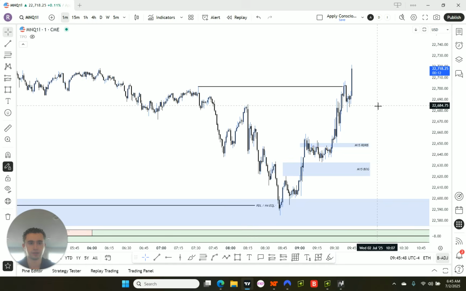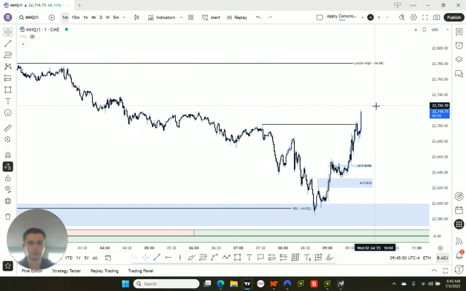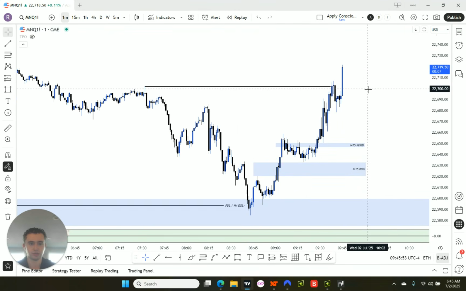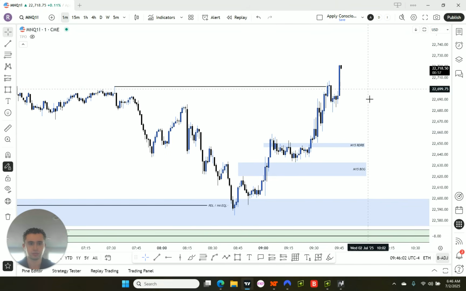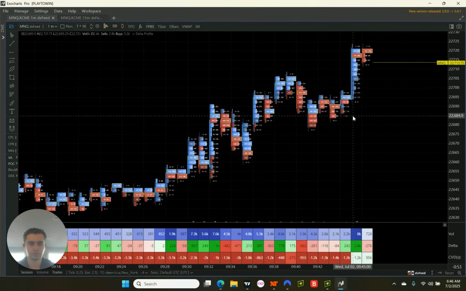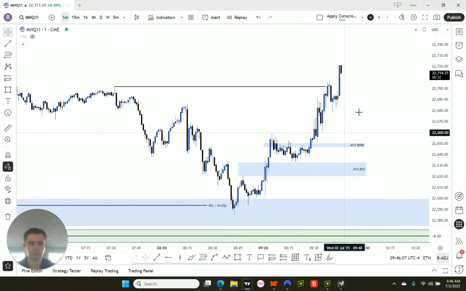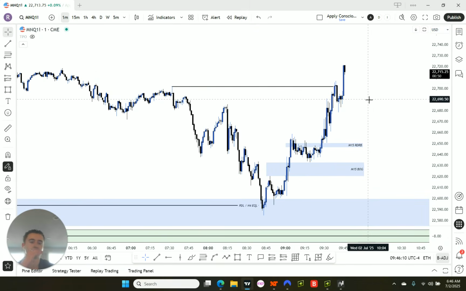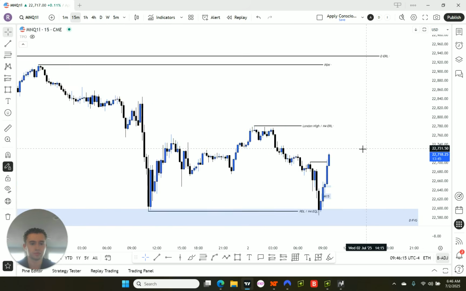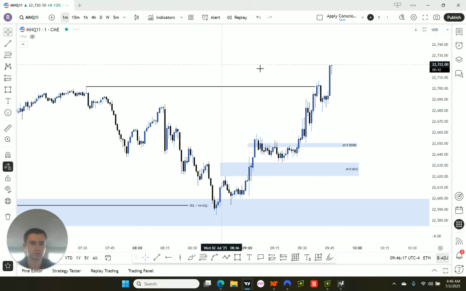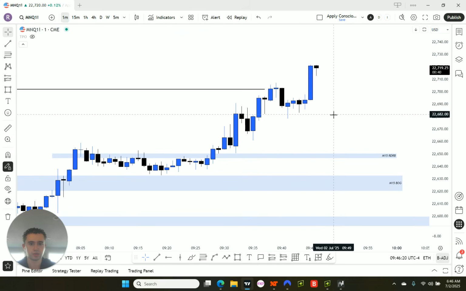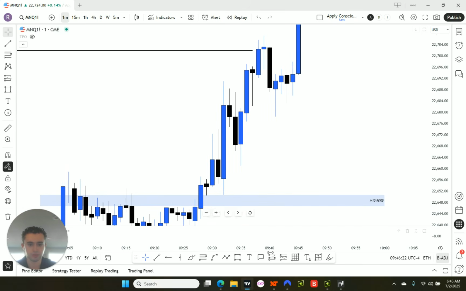See if that holds with a fair value gap. If so, I would enter on that first squeeze. Traded into a fair value gap down here.